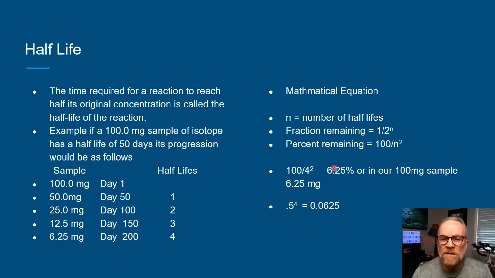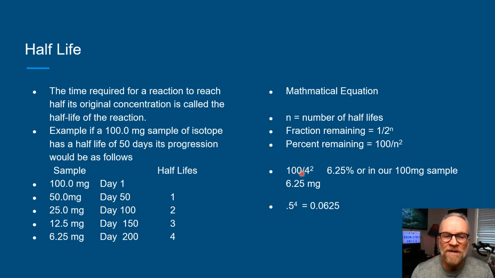Let's do the percent remaining one first. It's the mass that you start with divided by 2 to the n, where n is the number of half-lives. You raise 2 to that power, and then you divide your original mass by it.